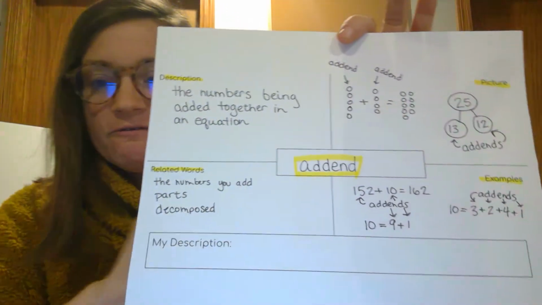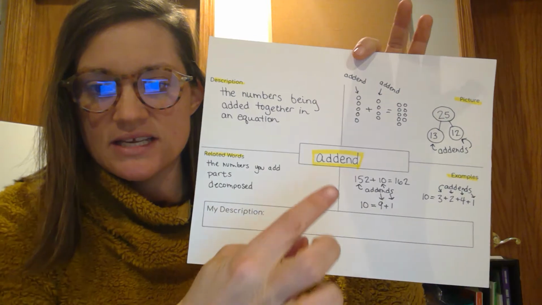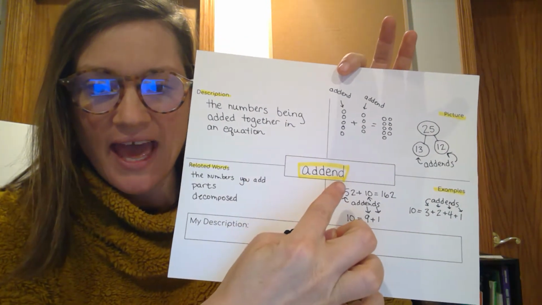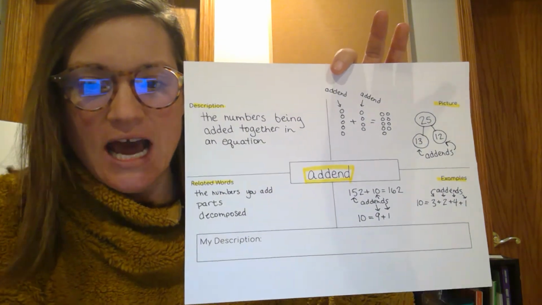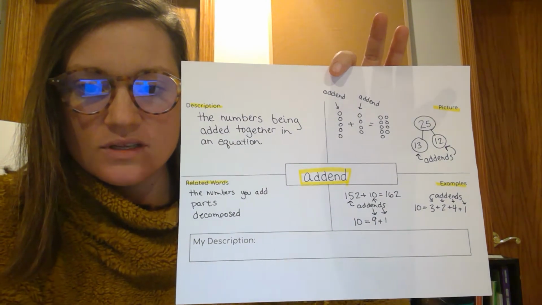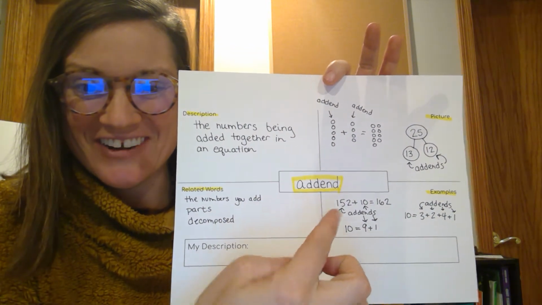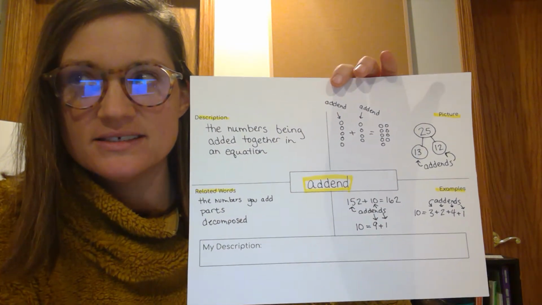Okay. So the first word that I want us to start using as mathematicians is called an addend. Almost like a compound word here, it's the word add and the word end together. Addend. So everybody say addend.